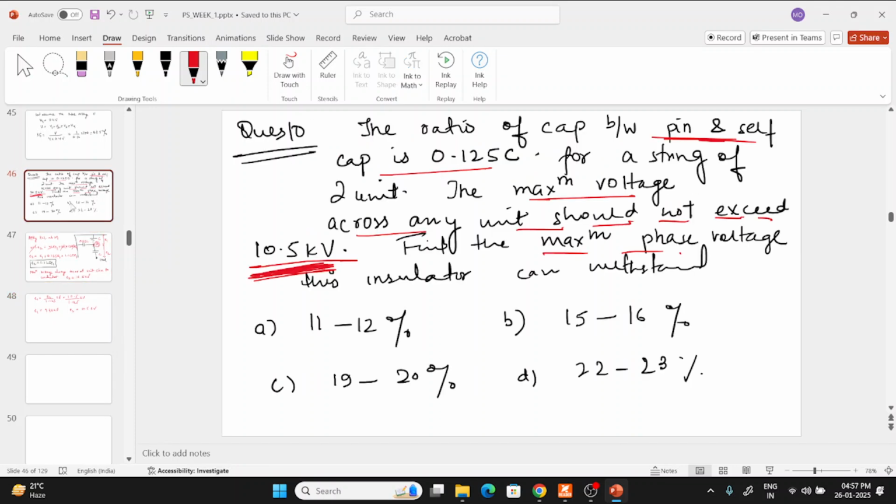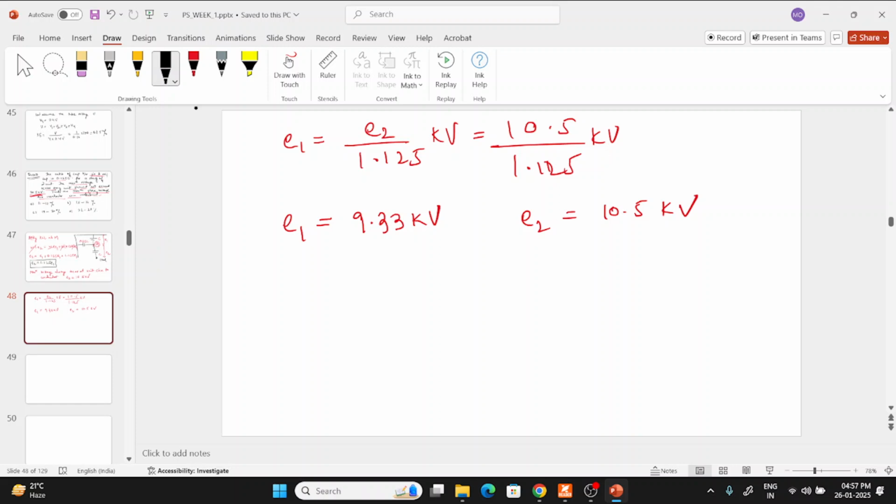But in the question it has been asked, find the maximum phase voltage this insulator can withstand. वो कितना होगा? मैक्सिमम फेज वोल्टेज कितना होता है? Maximum phase voltage will be equal to E1 plus E2 because here only two units are there. So it will be 9.33 plus 10.5. It will be around 19.833 kV.